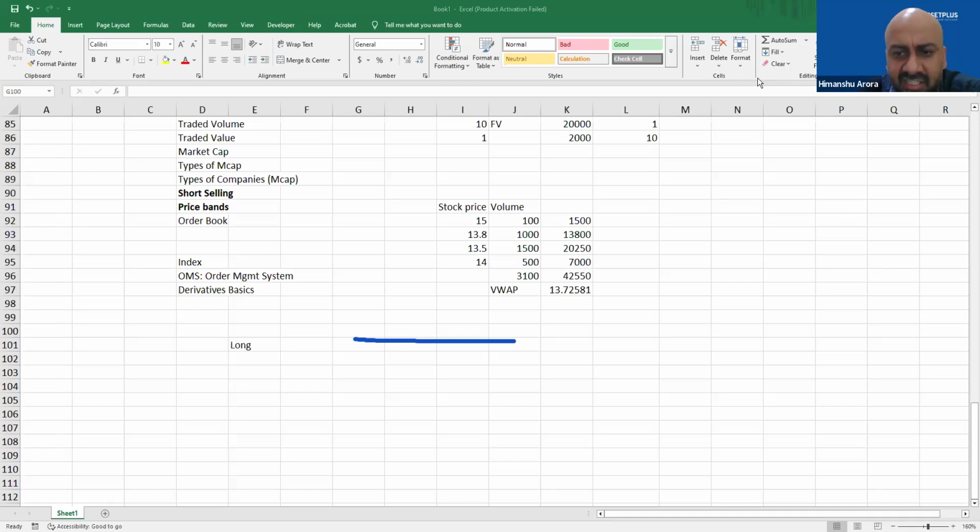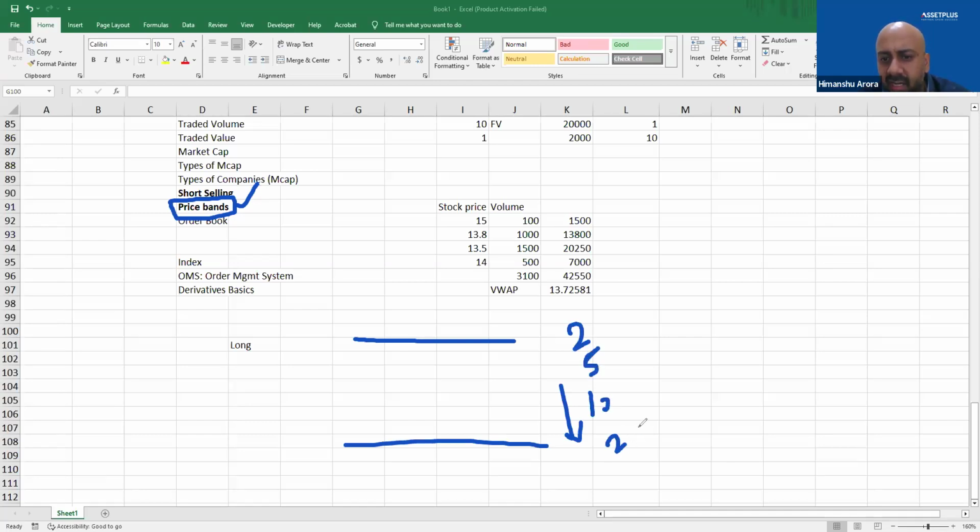Can we protect these kinds of investors? Yes, by putting a risk management system in place, which is called price band. So what we are going to do is restrict the stock price from going down by, listen to me carefully, 2%, 5%, 10%, and 20%. These are 4 price bands.